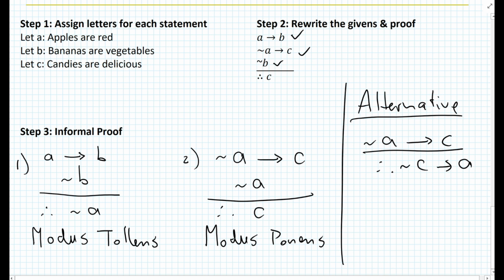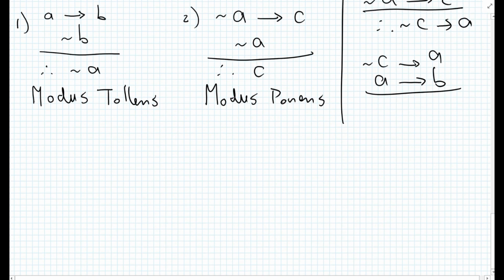And now what we can do is use the first given. So we have if A, then B. And we can use it with this given here, or whatever we just proved. If not C, then A. Now, as you remember, we can now apply the chain rule. Okay? So let me write this here.